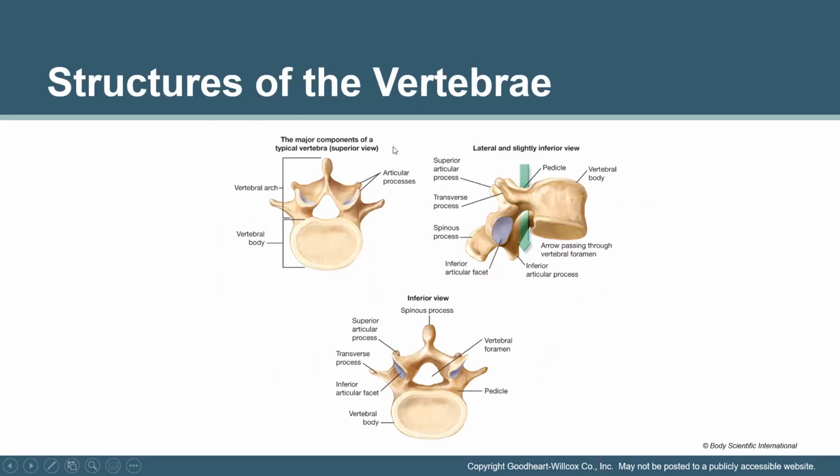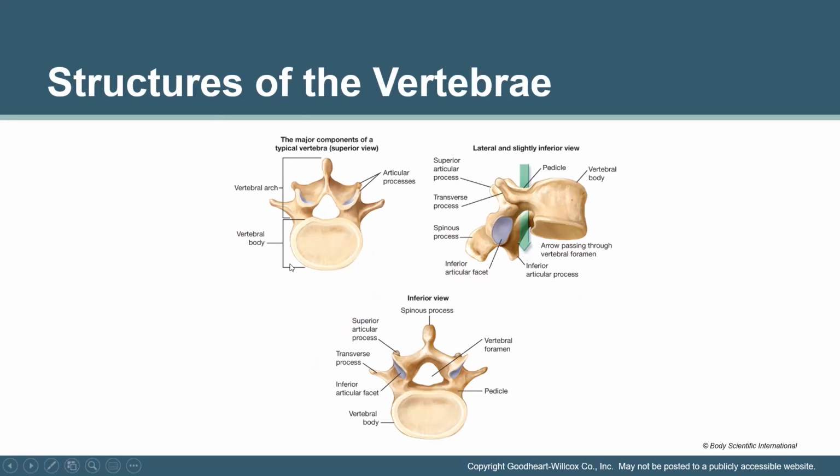Okay, so I mentioned some of the structures on the cervical vertebra, and I just mentioned a couple of the structures or characteristics of the thoracic and lumbar spine. Now, the thoracic and lumbar vertebra are going to have a tendency to look like this. So some features of these bones.